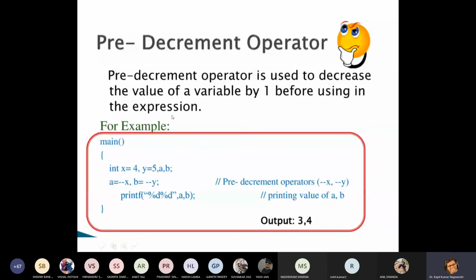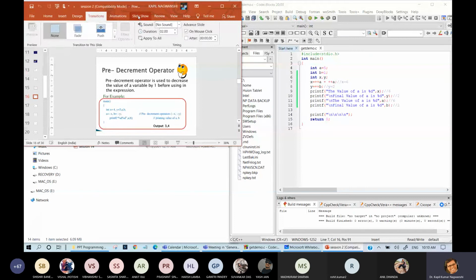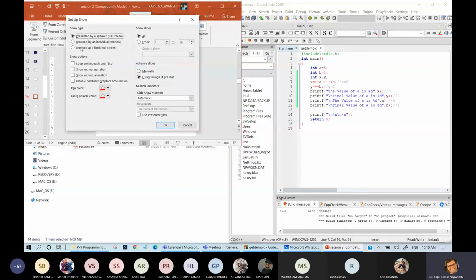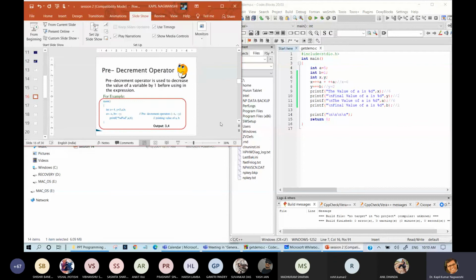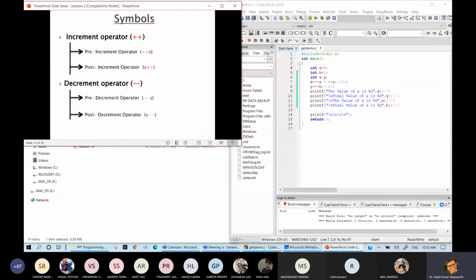So, transition slideshow. I am just showing you a very small thing. Just try to understand it. So these are the symbols of operators.